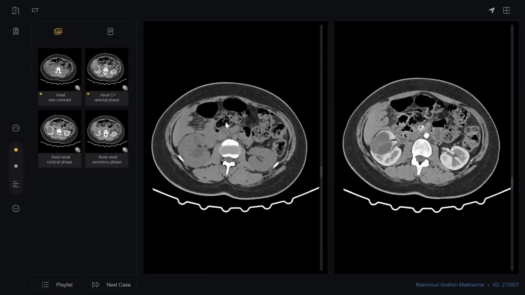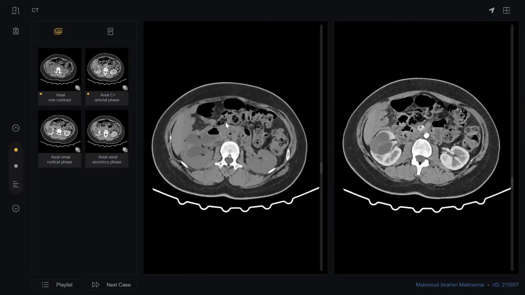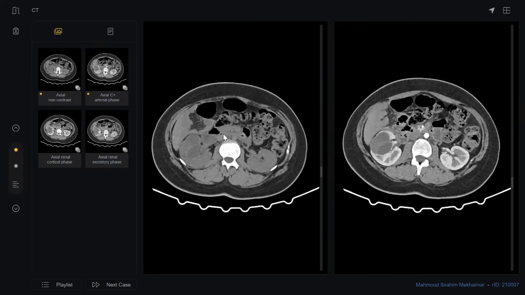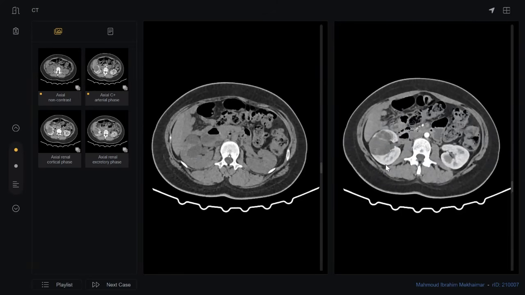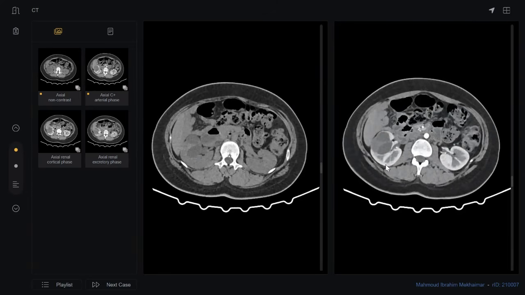What do you think? This is a non-contrast CT. This lesion is hyperdense on non-contrast CT, so this is a hemorrhage within a cyst. Don't decide this is complex before comparing with the non-contrast. By the way, my colleague, this is a common mistake for all of us.